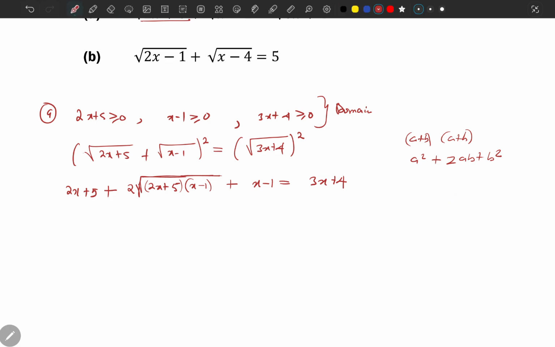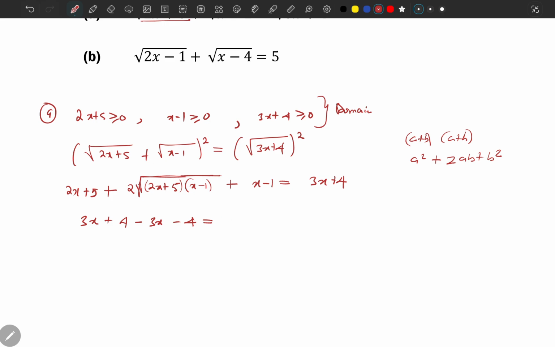Okay, moving on. What we have here is very simple. We can collect the like terms. 2x and x, you get 3x. 5 and negative 1, you get positive 4. The 3x comes to this side and becomes negative 3x, and the 4 becomes negative 4.